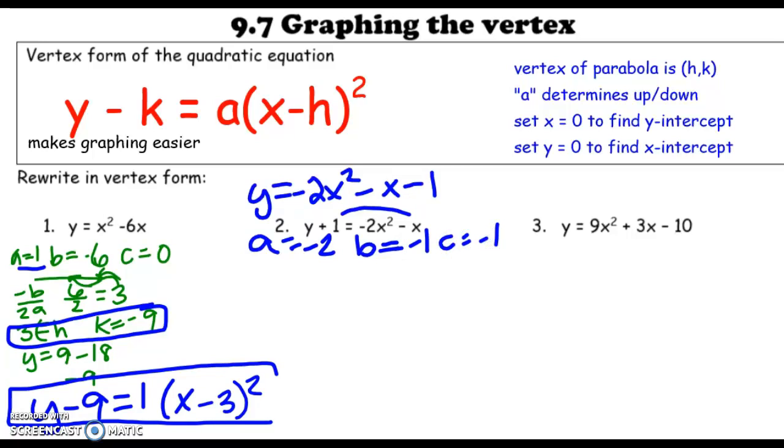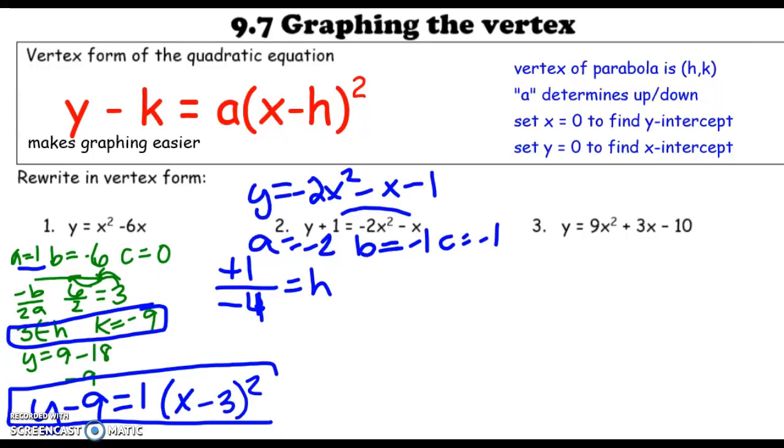And I don't really need my c in this case, but it's still there. The opposite of b should be a positive 1 over 2 times a, which would be a negative 4. So negative 1/4 is my new h.